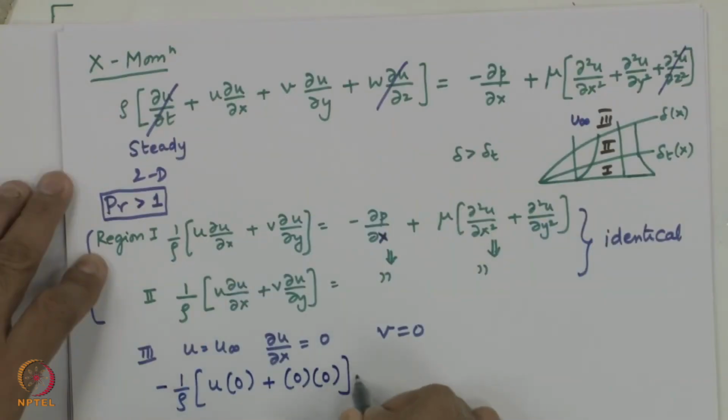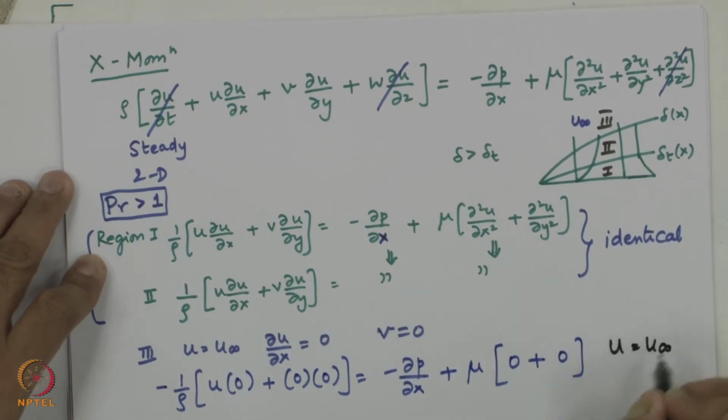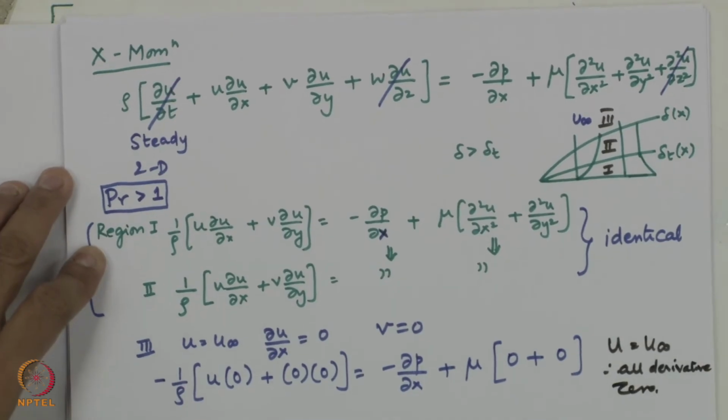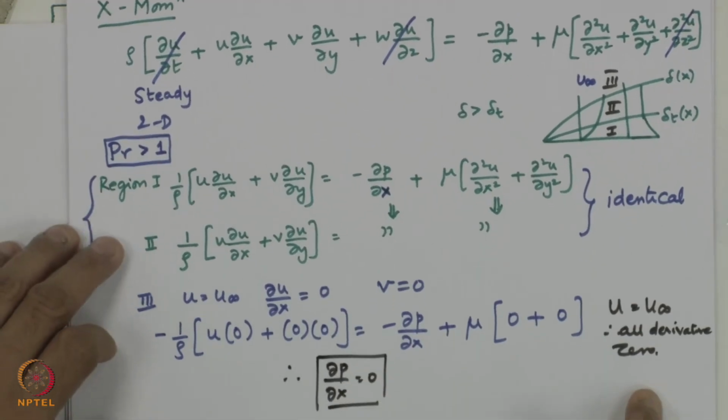So, the left hand side of the momentum equation is u into 0 plus v into 0. U is constant everywhere. Therefore, all derivatives are 0. If all derivatives are 0, second derivatives are 0. This gives me dp by dx is equal to 0. And this result becomes very useful later on.